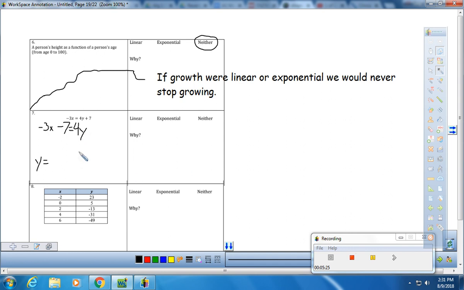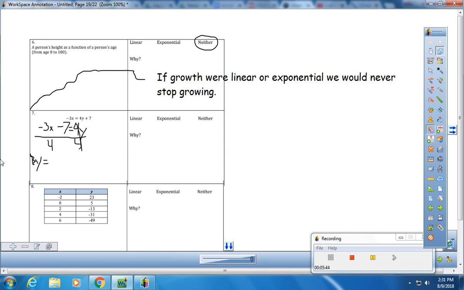Okay. Well, we don't want 4y equals. We want y equals. So let's divide everything by 4. Well, 4 divided by 4 is just 1, and 1y is the same thing as just y. So we get y. I need to be standing up. Now I'm just being lazy, but you've been there.